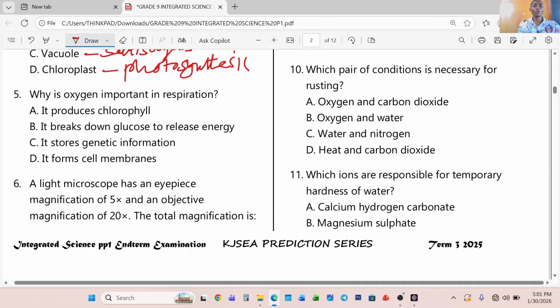The main role of oxygen in respiration is to break down glucose to release energy in the process of respiration. It has nothing to do with chlorophyll production or storage of genetic information or the formation of cell membrane. So the correct answer is B.